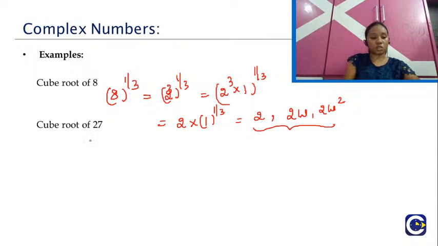Whenever we are talking about cube root, because just now we have derived for 1 power 1 by 3, in that place we can directly represent 1, omega and omega square. Here we are having 2 into 1 power 1 by 3, so 2 must be multiplied here. So similarly, tell me the answer for cube root of 27 in the same manner.